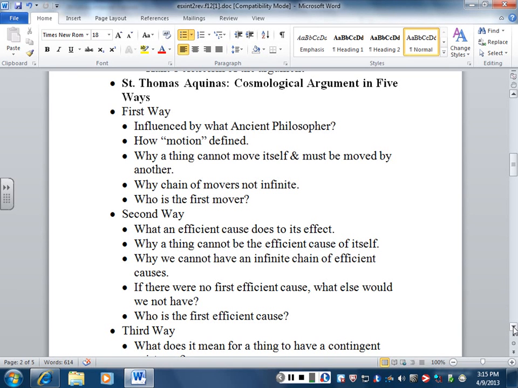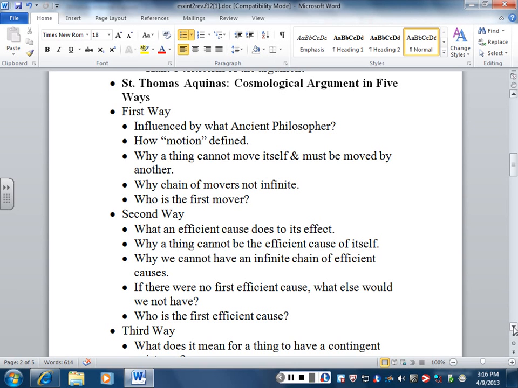Right? The cue ball has to first hit the 8-ball before it sends it and causes it to move. So Aquinas says, well, if the thing were the efficient cause of itself, it would have to precede its own existence in time.